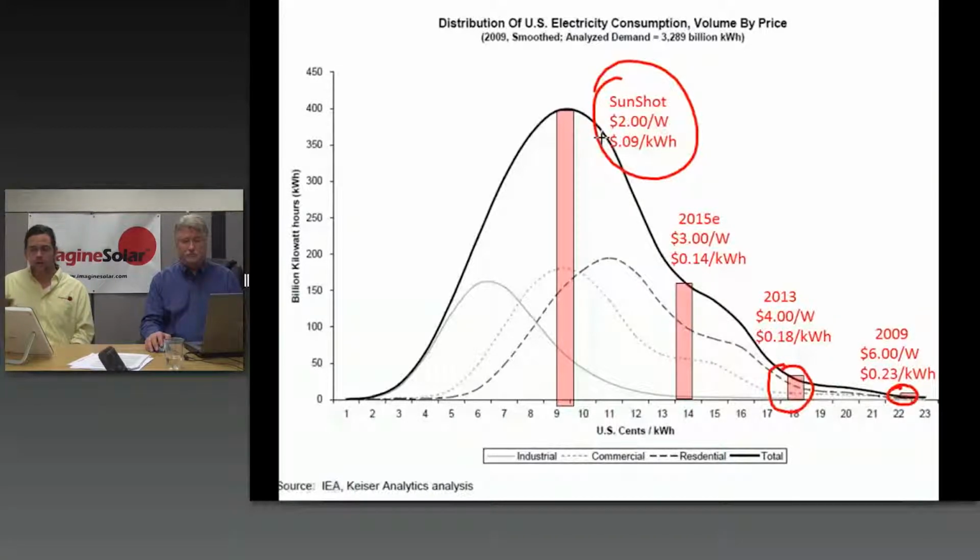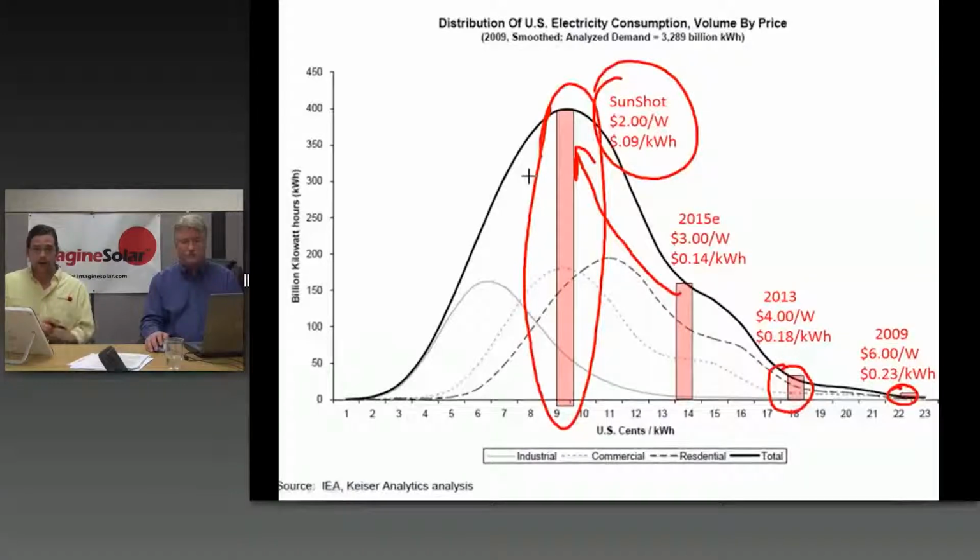But if we do get there, that means solar electricity is only going to cost about 9 cents per kilowatt hour. And what we notice is that implies a huge upward trajectory in the market share here. So a lot of the country's electricity is being sold at around 9 cents per kilowatt hour or more. And solar at that price is going to be competitive with it.